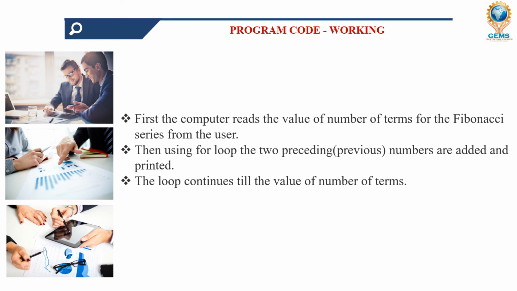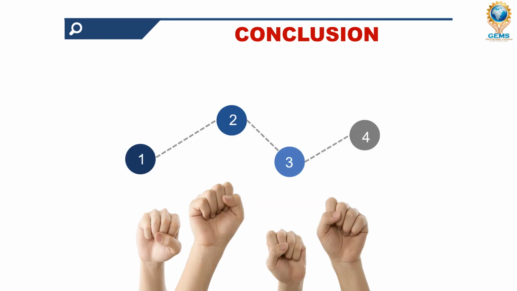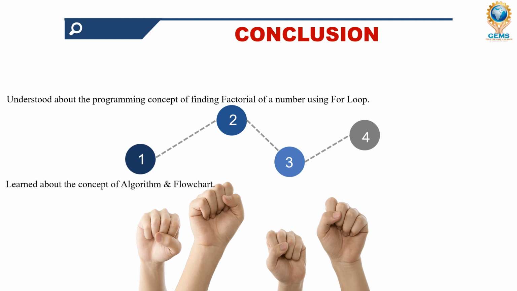Program in C language. Now we will see the summary of the program. We learned about the concept of algorithm and flowchart. This concept helps you to write the algorithm of any problem in C language. We also understood the working of finding the factorial of a number using for loop. That means we understood the programming concept to find the factorial of a number using for loop.